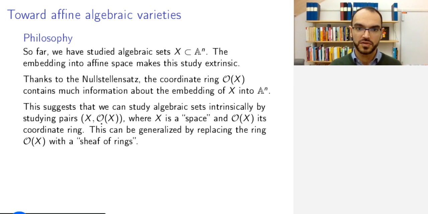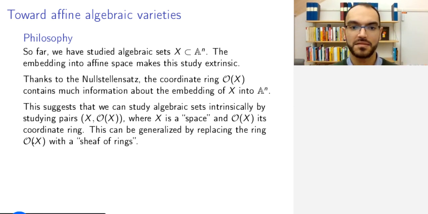And if we want to study more than just algebraic sets, this formalism lends itself to it by allowing us to generalize this by replacing the one ring O of X with a whole bunch of rings.